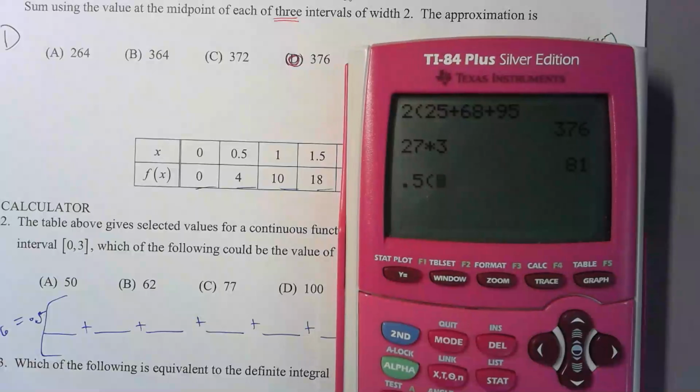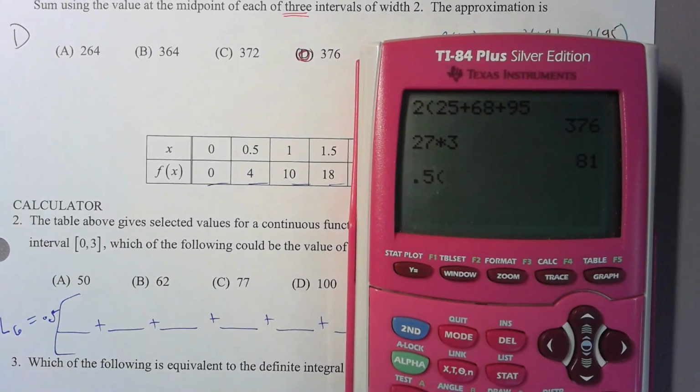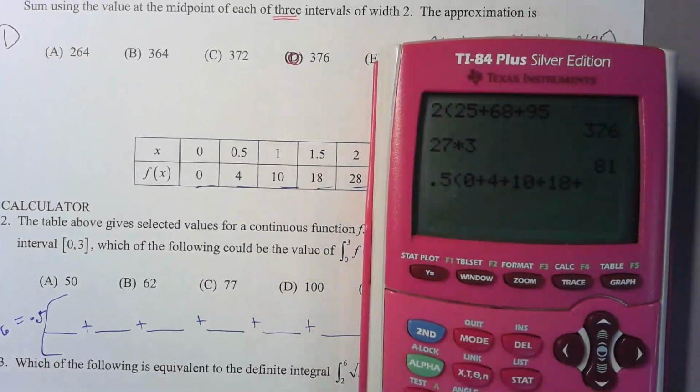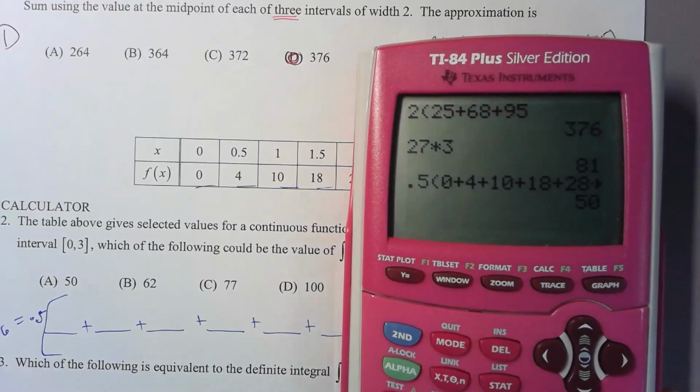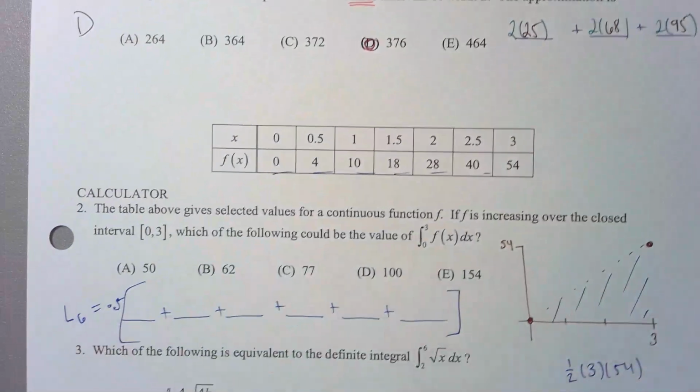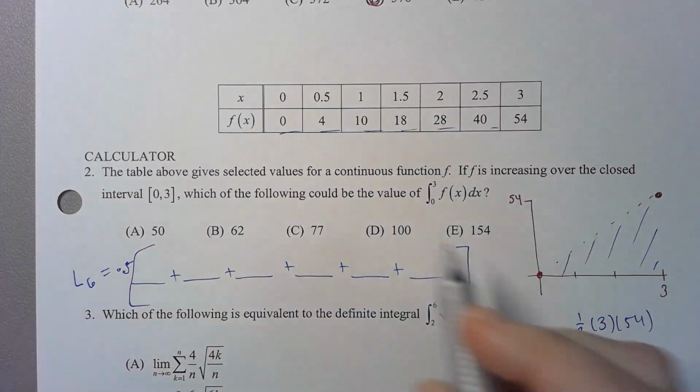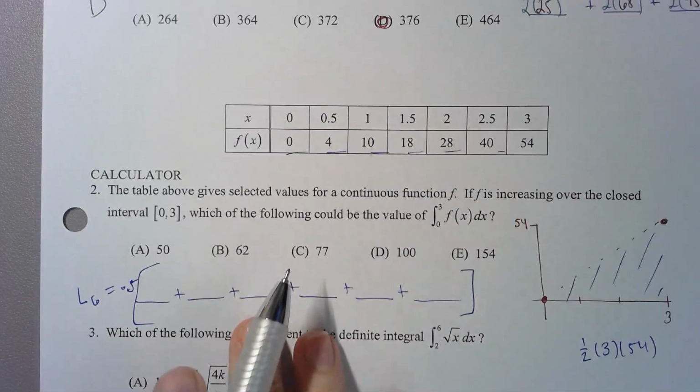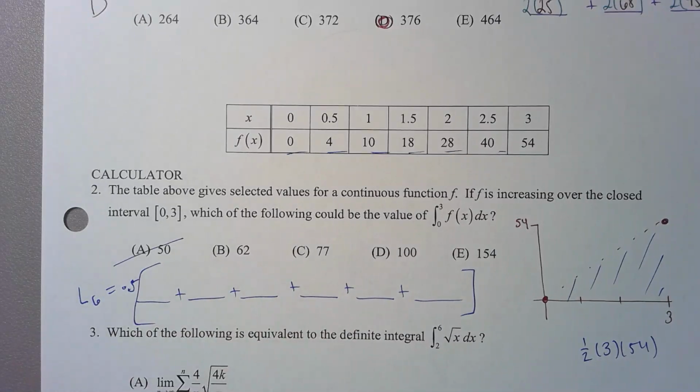They didn't tell us how to estimate, so I'm just kind of saying let's just try some things. And my heights are 0, 4, 10, 18, 28, and 40. So that's my left sum, and that is an underestimate. So that means it can't be A.